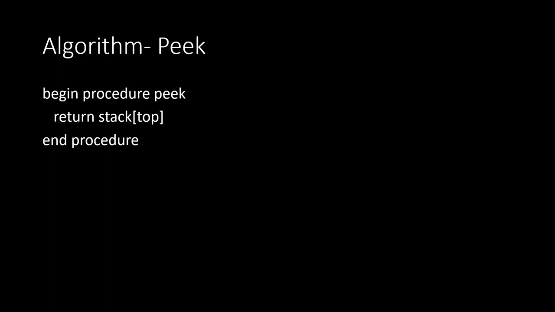For example, you inserted 1, 2, 3, 4, 5, in that sequence: first 1, then 2, then 3, then 4, and 5. This algorithm will give you 5 because 5 would sit on the top. That's how you can define the peek operation algorithm.